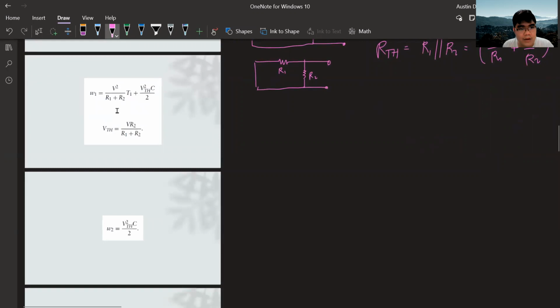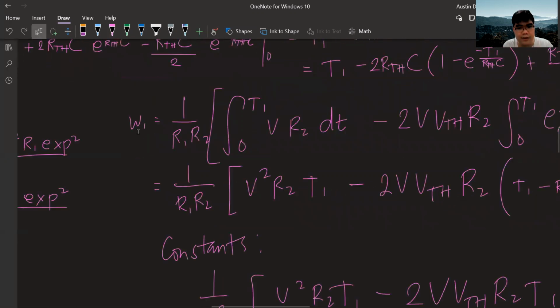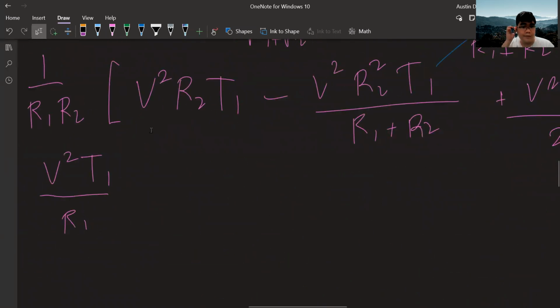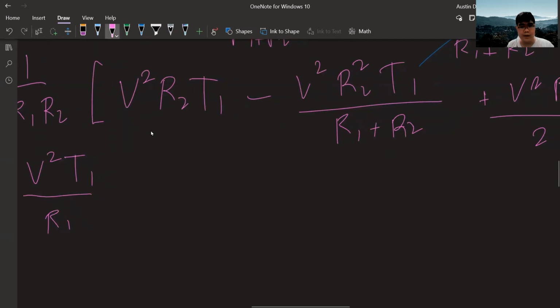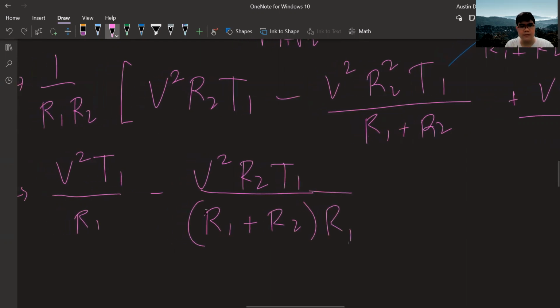Okay, denominator is R1 plus R2. So it's not looking good for us. But I think we can proceed. Next would be here, V squared R2 T1 tapos R1 plus R2. And then R1. Tama na.